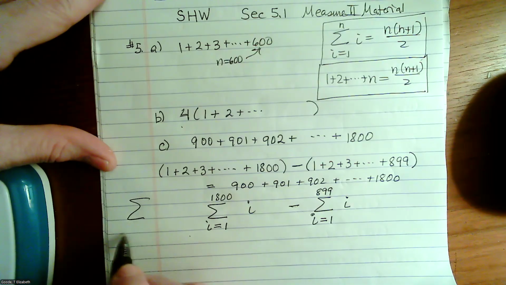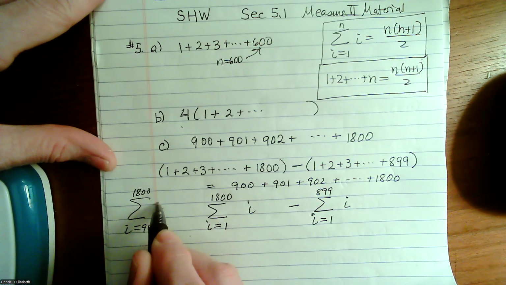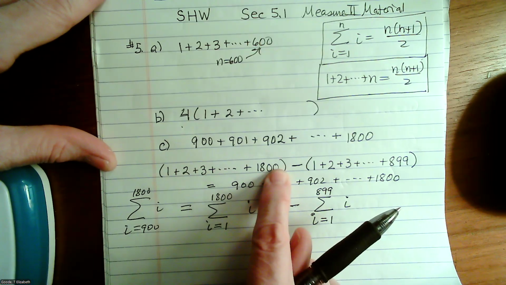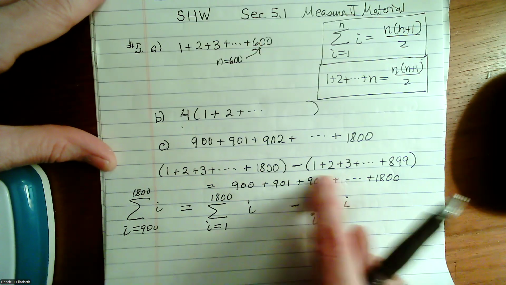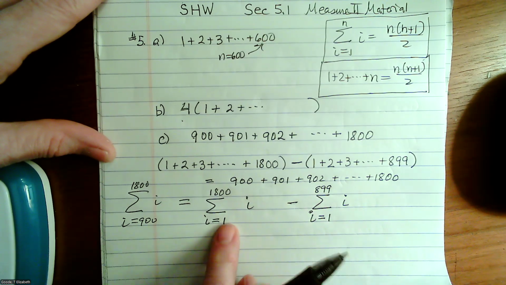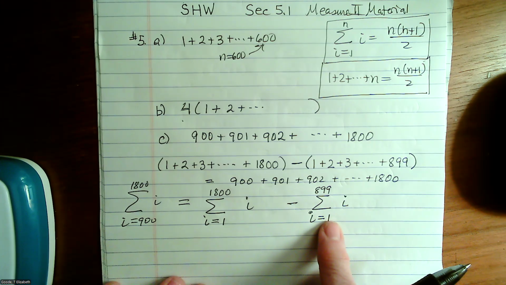That will give us the sum from i equals 900 to 1800 of i. It's what we get if we take the whole big sum starting at 1 and subtract the first 899. So you just use the formula twice, once for this and once for that. Okay. Does that make sense? Yes.